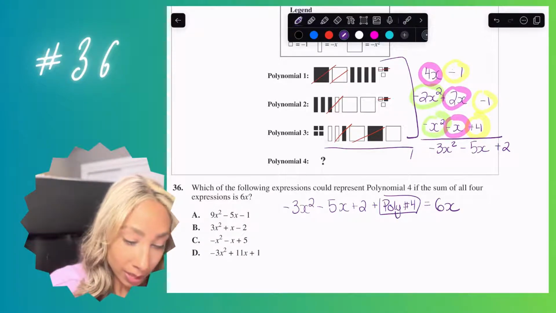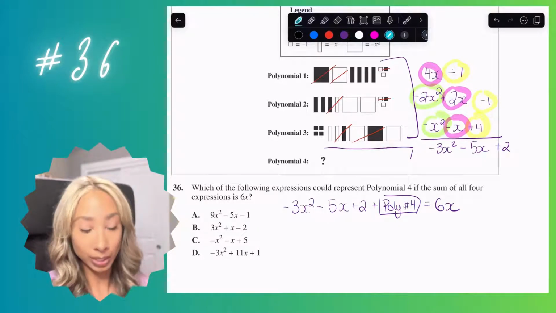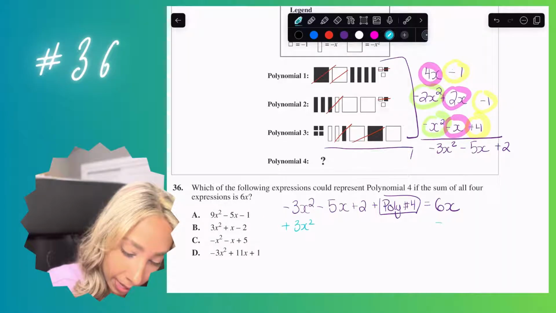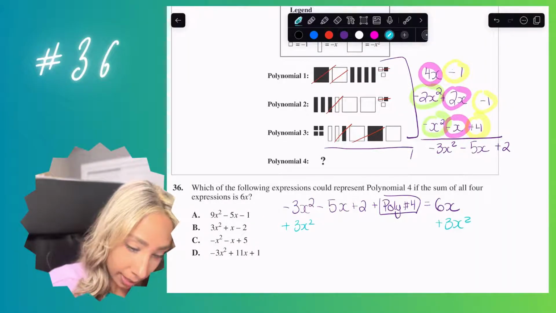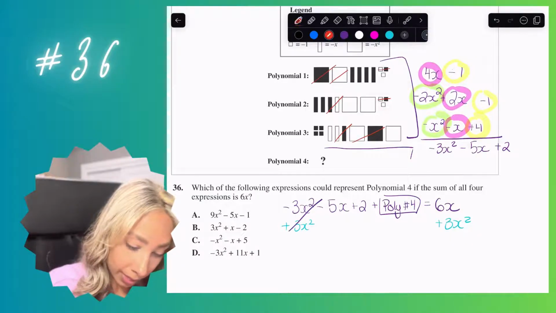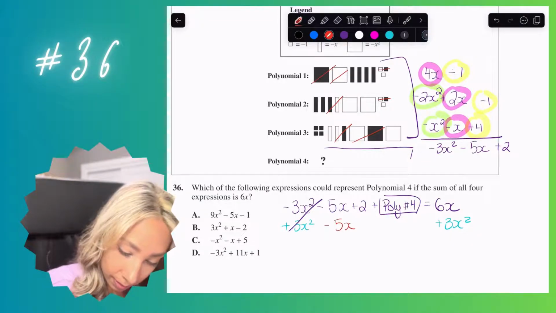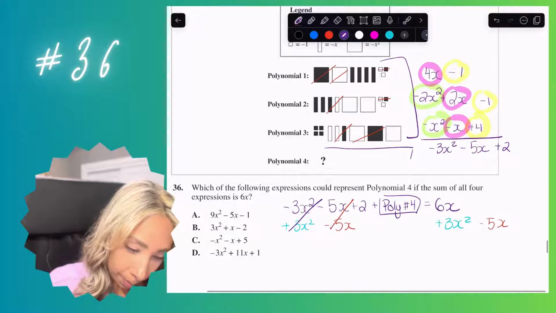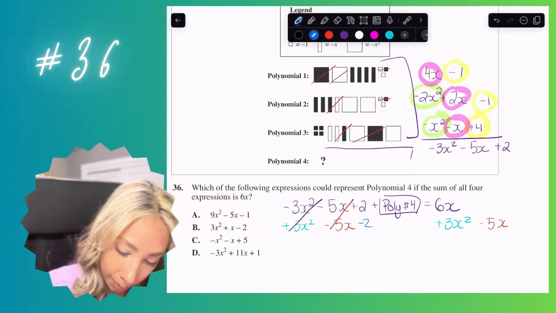So in order to move it to the other side, I have to add the opposite to each side. So I'm going to add positive 3x squared to this side and add positive 3x squared to this side. And then I'm going to do the same thing with the negative 5x. And then I'll do the same thing with the last one here, minus 2 and minus 2.